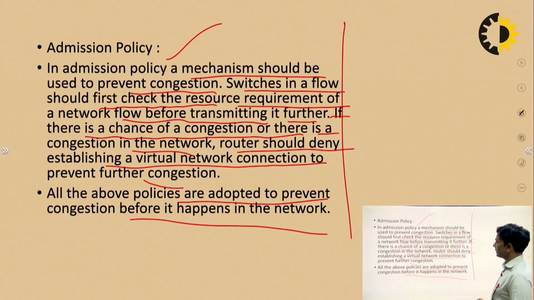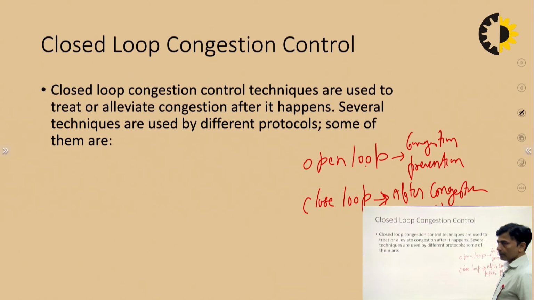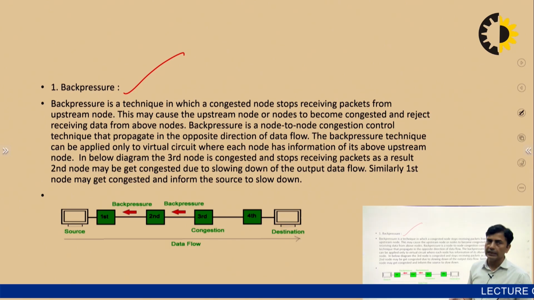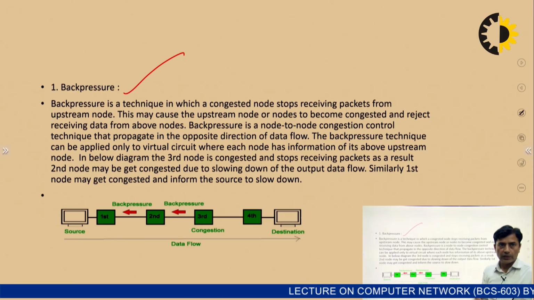Next, we come to closed loop congestion control policies. That means we now assume that congestion has happened, and then what we have to do at that time. The first one is back pressure. What is back pressure? Back pressure is basically a special kind of signal or packet that can be sent from the receiver to the sender.